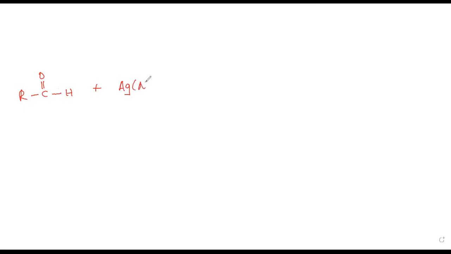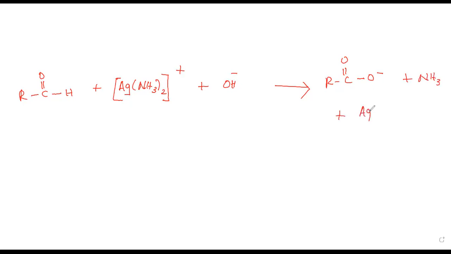What is the composition of the Tollens reagent? Ag(NH3)2 plus, in the presence of the basic medium, they are using sodium hydroxide here. And ultimately, you will end up with the salt of the carboxylic acid, that means RCOO minus, with the production of ammonia and the deposition of the silver mirror, with water.